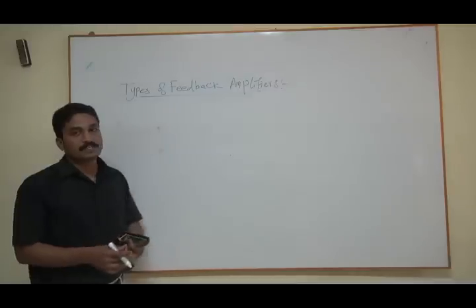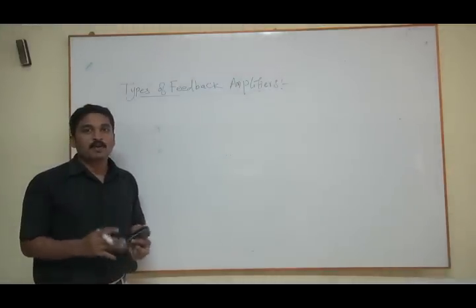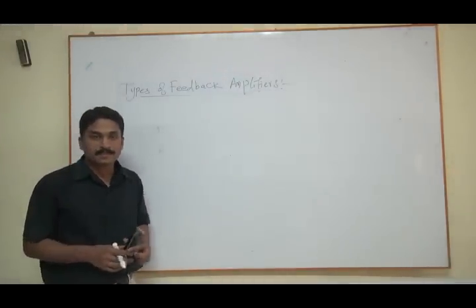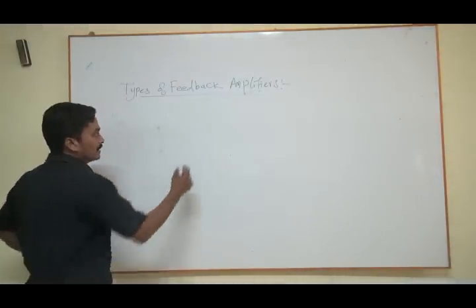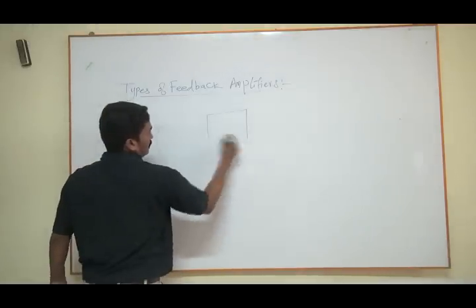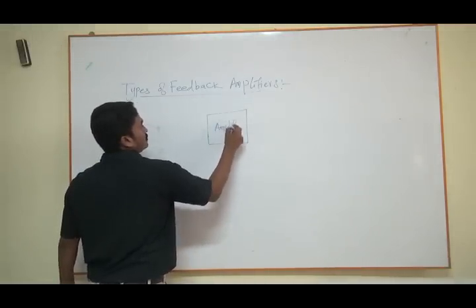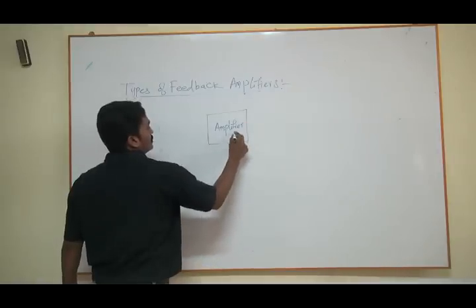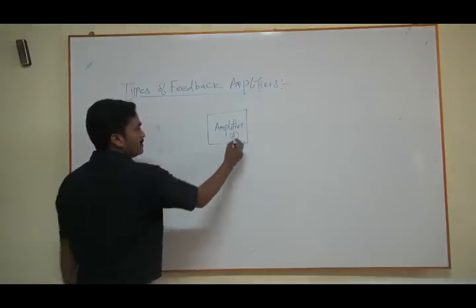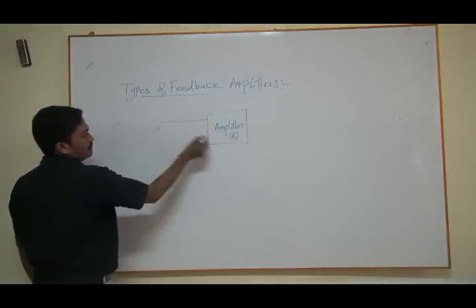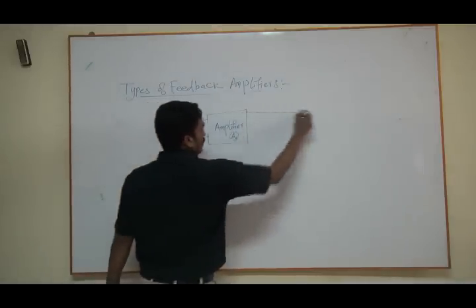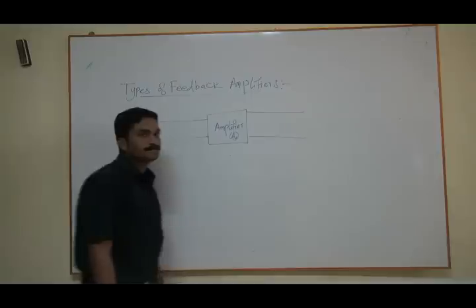Before doing the classification, let me show how to classify the feedback signals or feedback amplifiers. So we know that this is an amplifier circuit. Let us assume this block represents an amplifier with gain some AV, and I have the input side and output side.